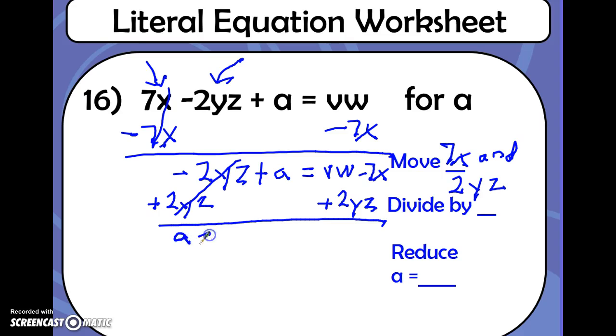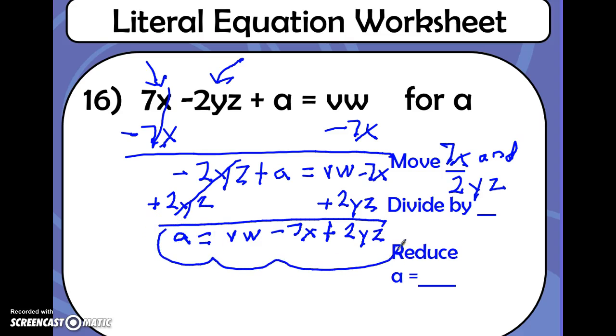We have a equals vw minus 7x. We're copying this from above, and then adding 2yz. And that is the solution. We did not need to divide because we didn't have a number that was beside our a and being multiplied.